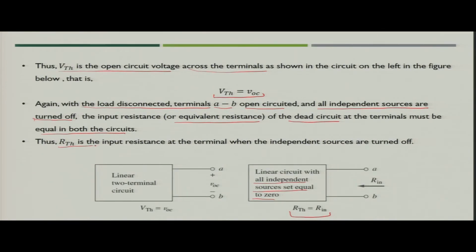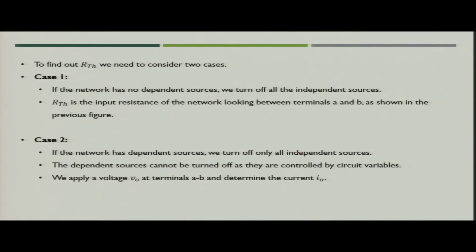So, with these two conditions you can find the value of the important parameters which are required for Thevenin theorem, which are VTH and RTH. Now, to find out the value of RTH, there are two different cases. What are the two different cases?